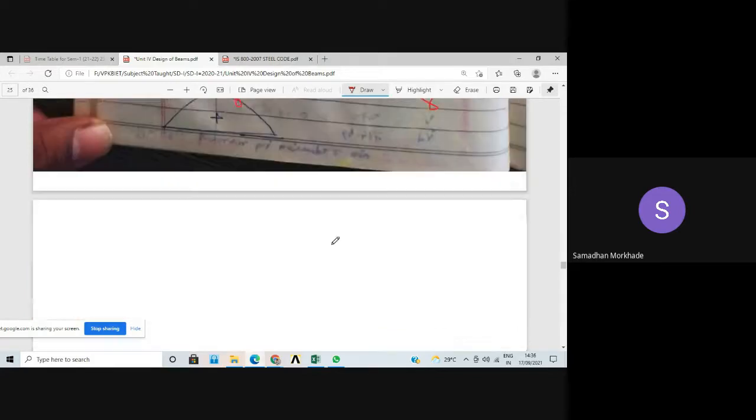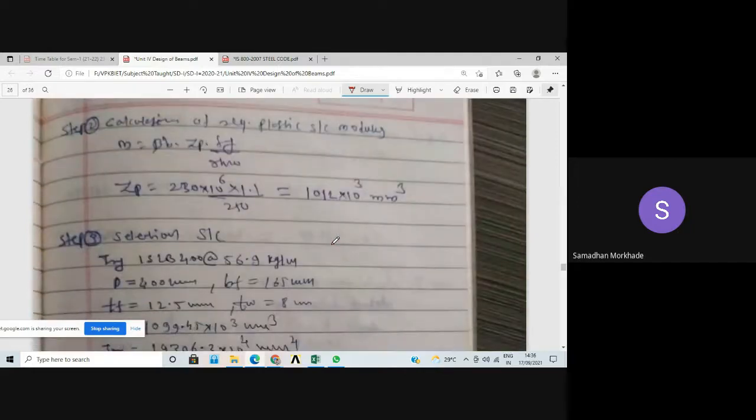Now step number 2. Whatever bending moment we calculated in step number 1, we have to equate to the moment of resistance, that is Md is equal to beta B Zp Fy by gamma m0, and from that we will get the required plastic section modulus, Zp required.